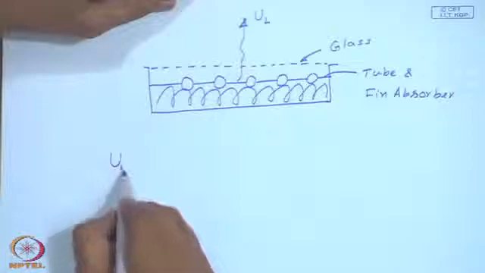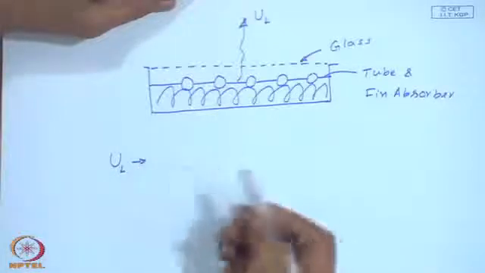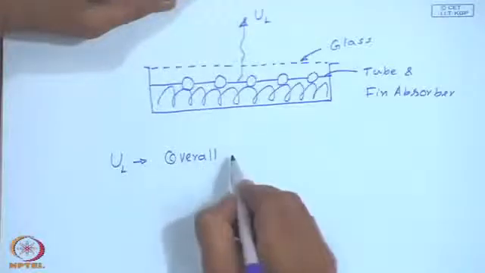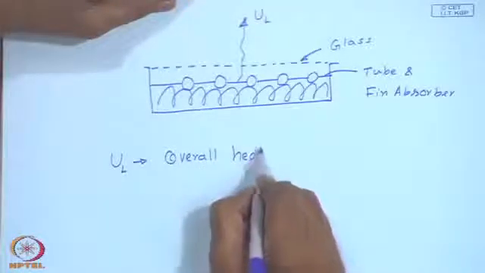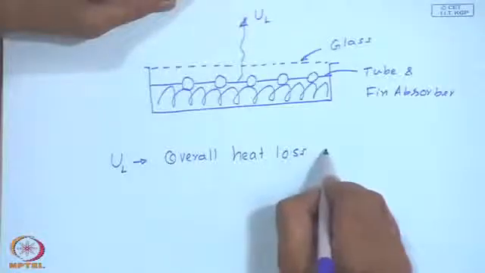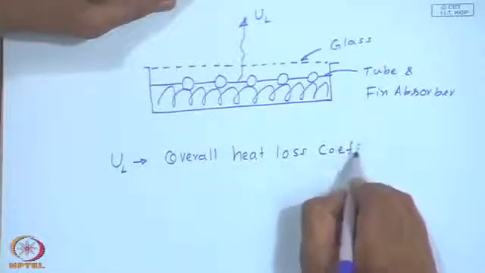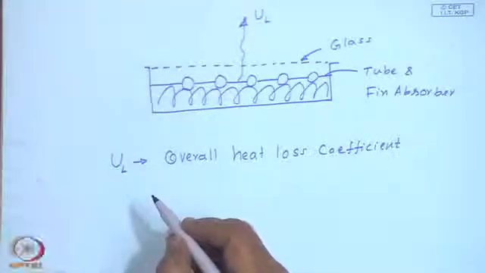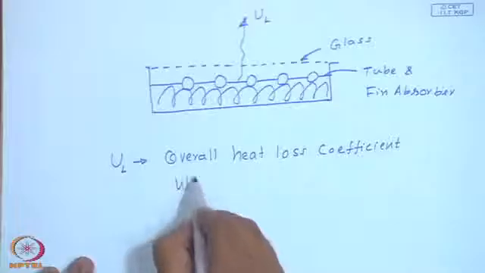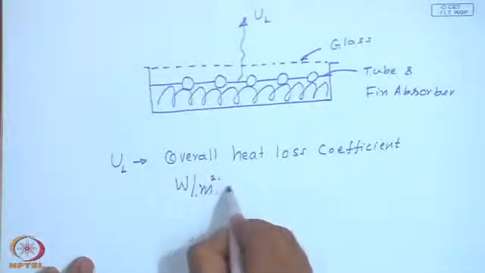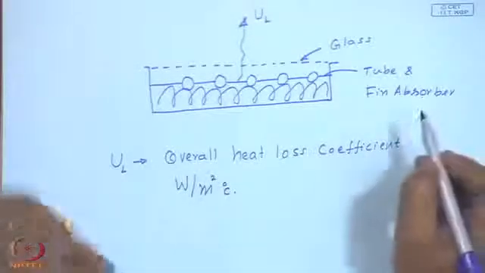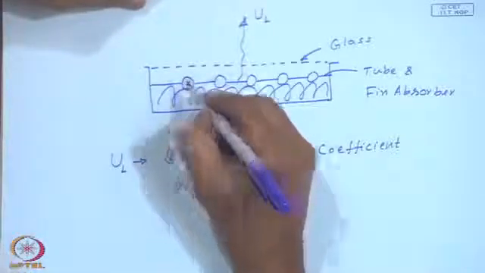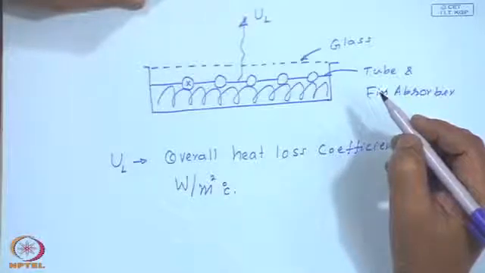Those familiar with heat transfer know this is called an overall heat loss coefficient, and it will have the units watts per meter square degree centigrade. And the fluid flows through these tubes.